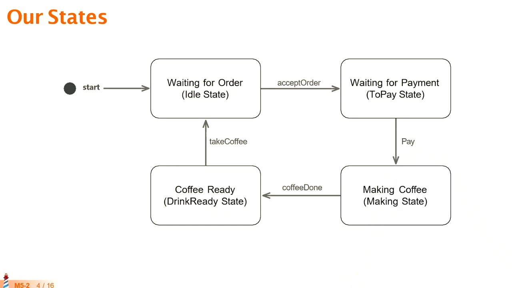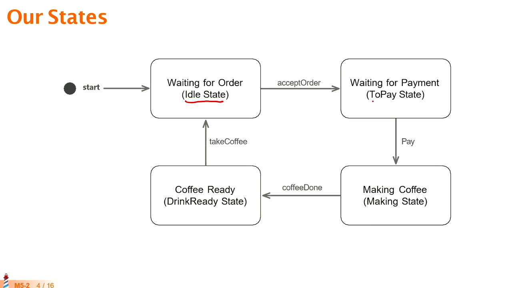We can represent these states by this simple state diagram, where we start with waiting for order. In this case, we call it the idle state. Once the user accepts one order, we pass to the second state, waiting for payment.